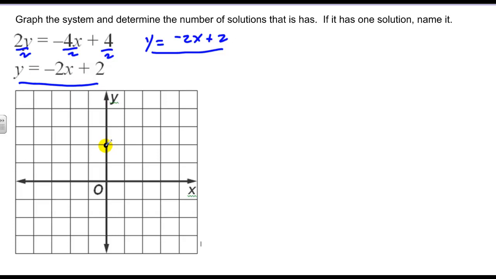If I go up to 2 and down 2 over 1, down 2 over 1, and so on, my line looks something like this. If I graph the bottom equation, I'm doing the same exact thing, so one line is overlapping onto the other. Thus, we have infinite solutions.